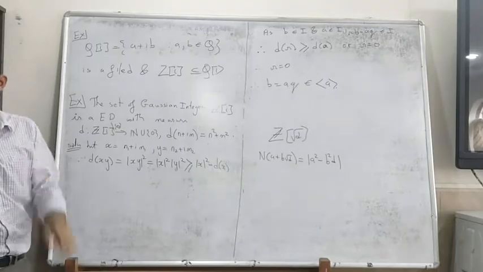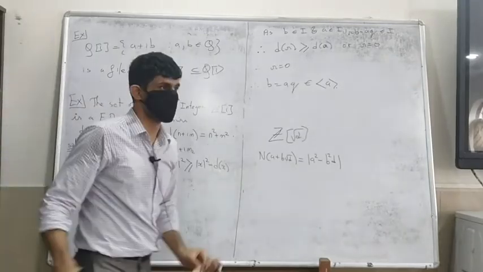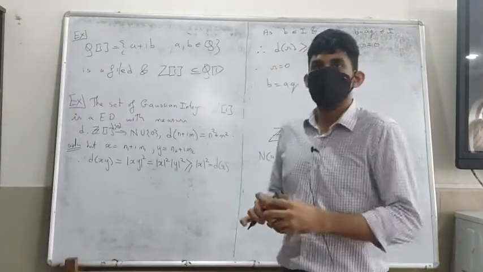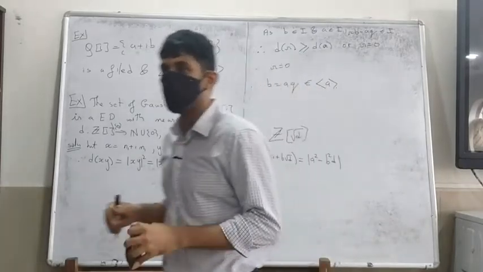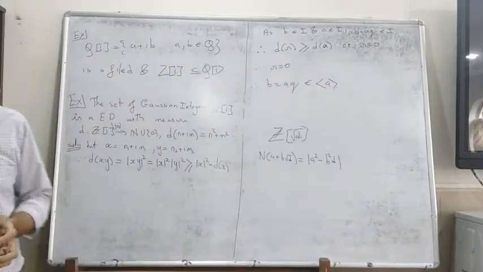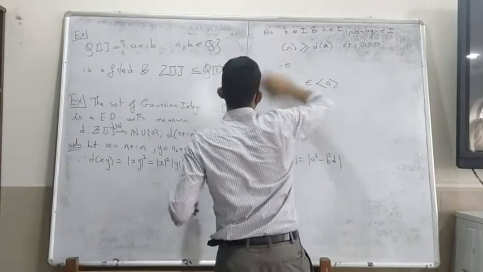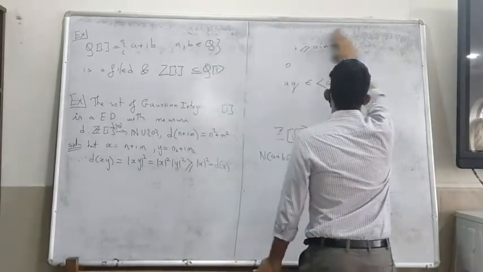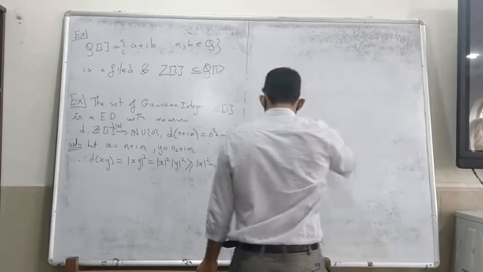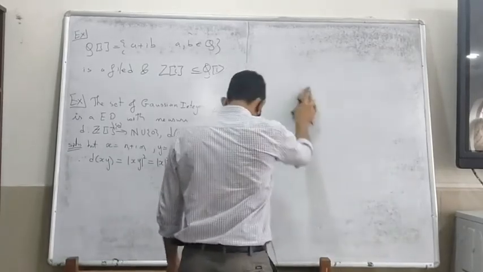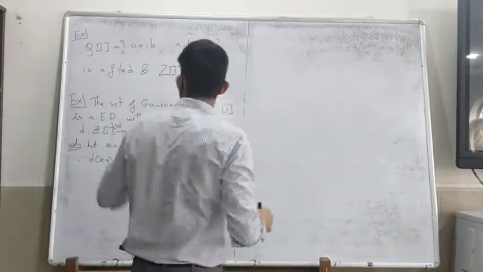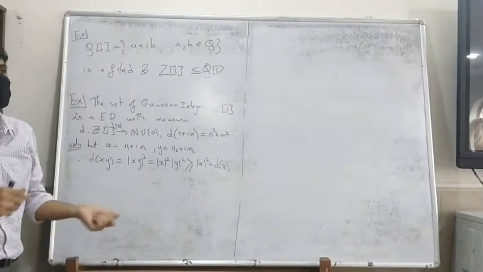That's the first property. What about the second property? For the second property, we need to catch hold of this quotient and remainder. Okay, so let's see how we do that. Here we are going to take aid from this.